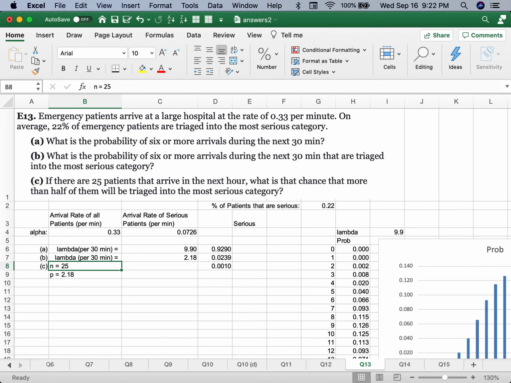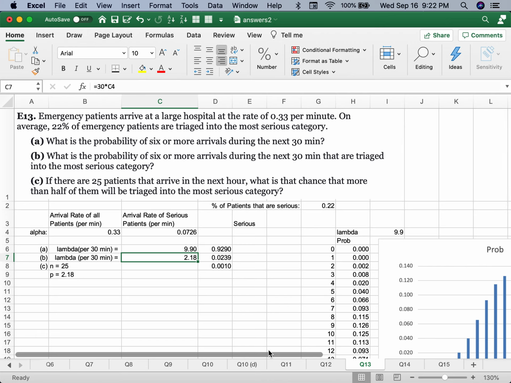So we have n equals 25 trials, and the chance of success is given to us right here as, actually, let me give it a little bit more precision, 22%. So that's the probability of success. More than half means more than 12, right? More than half would be more than 12.